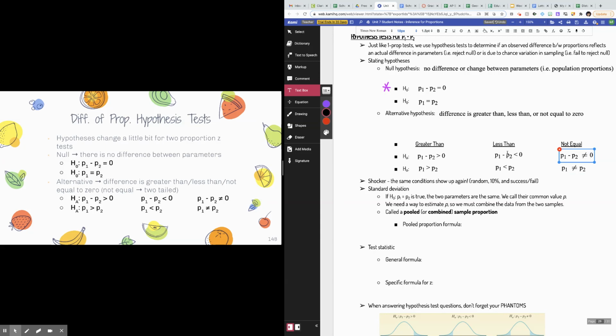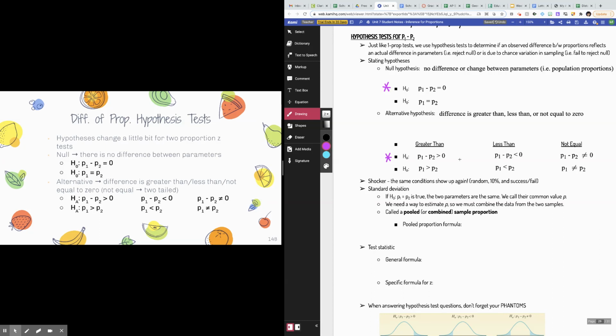There we go. So you've got 2 different ways that you can write these hypotheses. Again, I'm going to recommend that you write the hypotheses this first way, where you have an actual number associated with your hypothesis. That's a little bit more similar to what you're used to doing with one proportion tests, where you have an actual number that you're plugging in as your parameter.